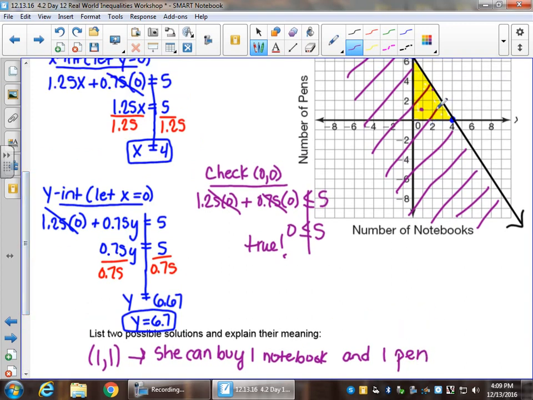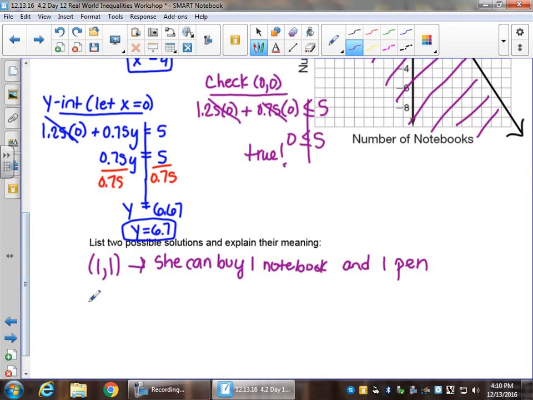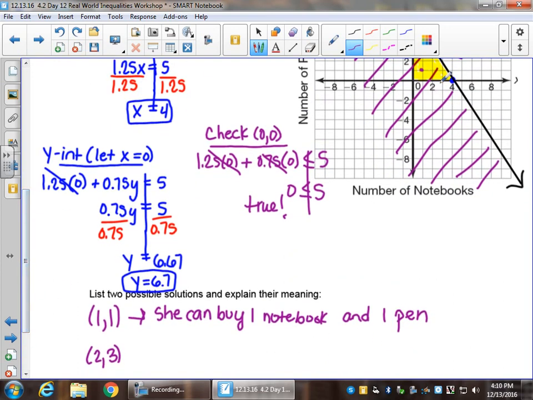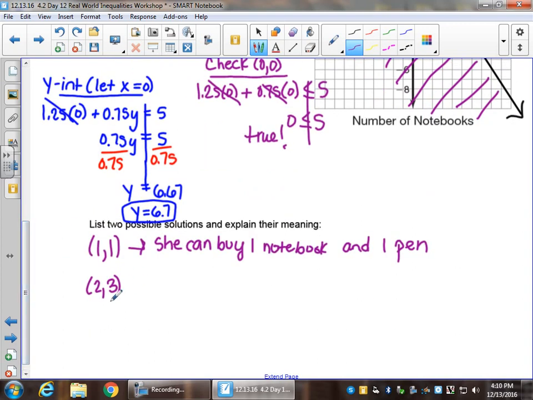Let's say I did say 2, 3. Because there's nothing wrong with saying that. It's just an edge point, so to speak. So I would recommend if you're going to say 2, 3, or if a question asked you, like I had just said, if she buys 2 notebooks, what's the most number of pens she can buy? I would expect to see 2, 3 with a question mark, and then let's plug it in.